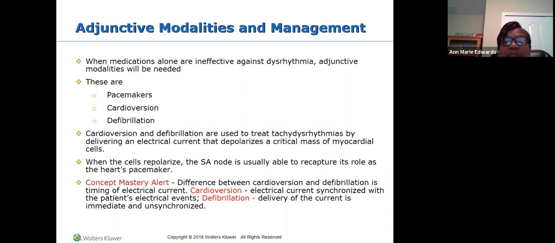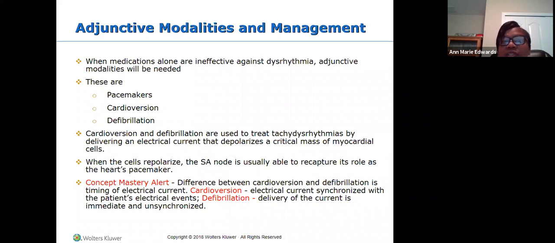Your concept mastery: the difference between cardioversion and defibrillation. This you have to know for your NCLEX, for any exam. The difference between cardioversion and defibrillation is the timing of the electrical current. Cardioversion involves an electrical current that is synchronized with the patient's ECG.